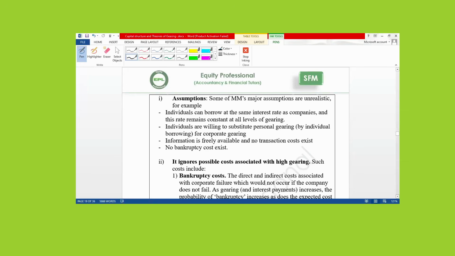If you borrow too much money, there's bankruptcy cost. At a higher level of borrowing, the life of the business may be terminated.